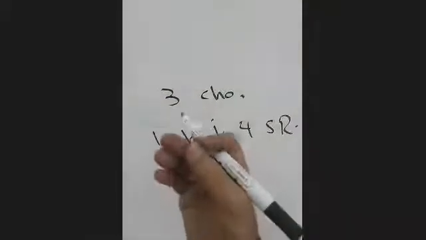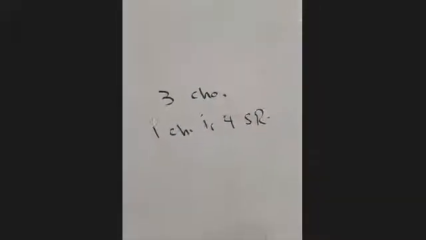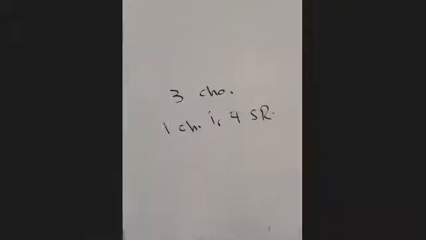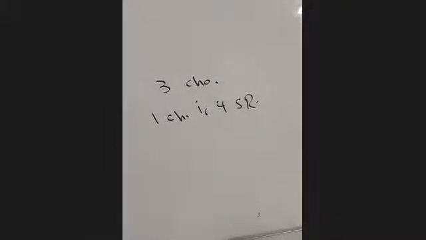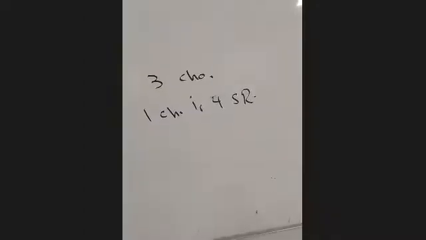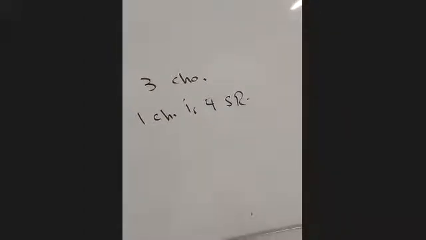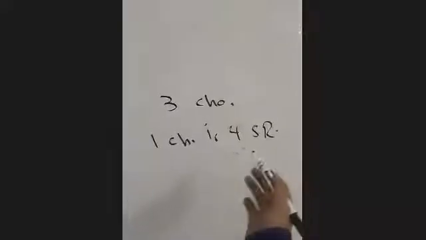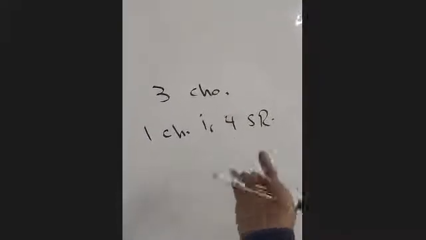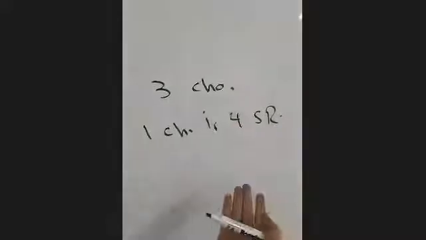What will you pay for 3 chocolates? 12. How did you get the 12? By multiplying. Multiplying what with what? 4 multiply 3. Thank you. We multiply the unit price, the price of 1 unit, by how many you want to buy, right? Yes.